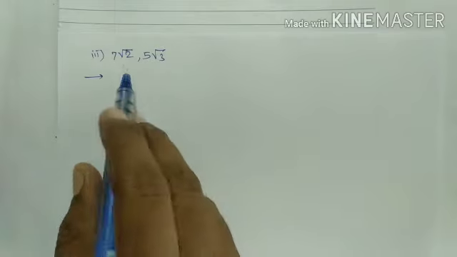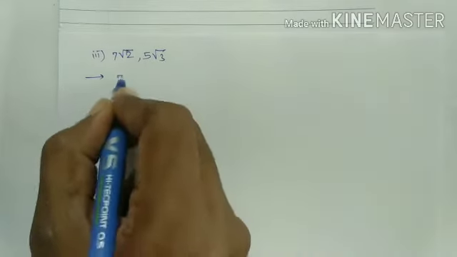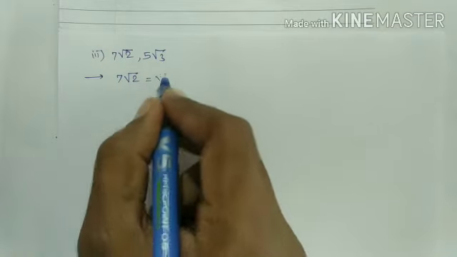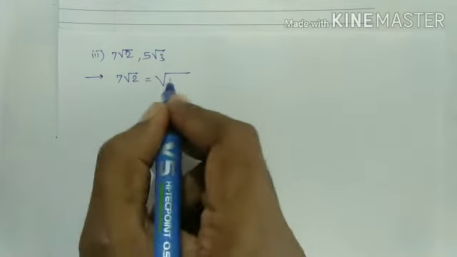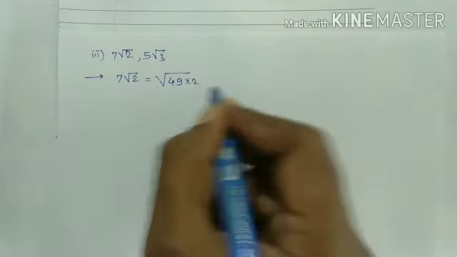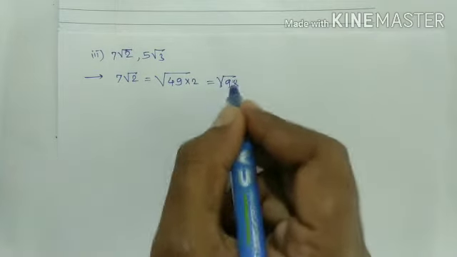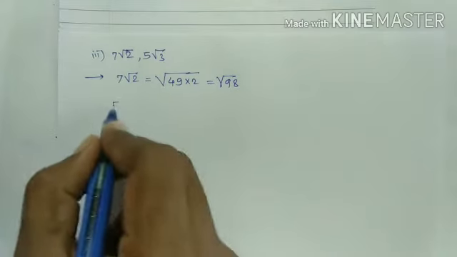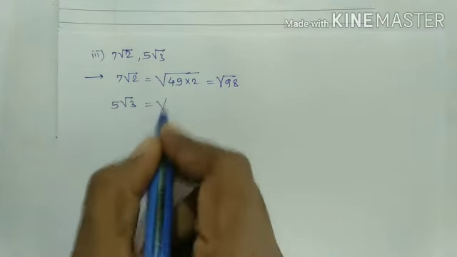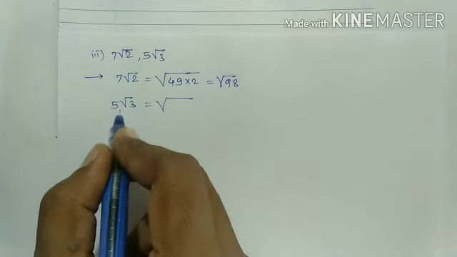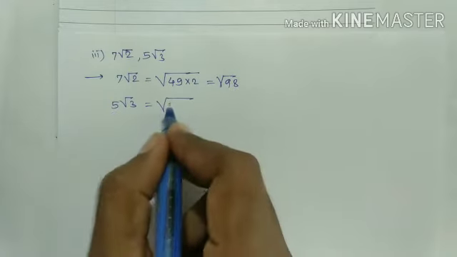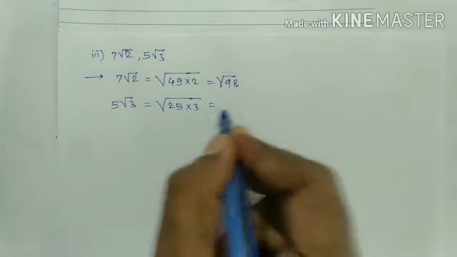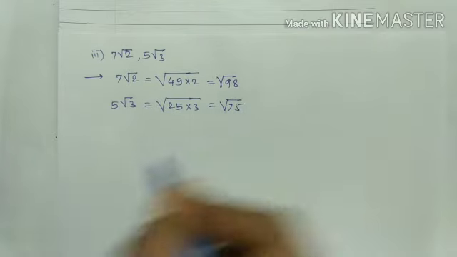Now we have to compare these two surds. Here 7 root 2 equals, since the order of the surd is 2, square of 7 equals 49 into 2 equals root 98. Then 5 root 3 equals, the order of the surd is 2, square of 5 is 25 into 3 equals root 75.